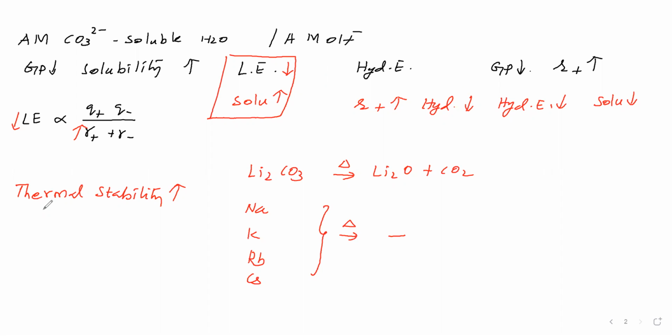Thermal in the sense of heating; stability in the sense that though heated, it does not go for any change, it is stable. That's what thermal stability says. So down the group thermal stability increases. Okay.